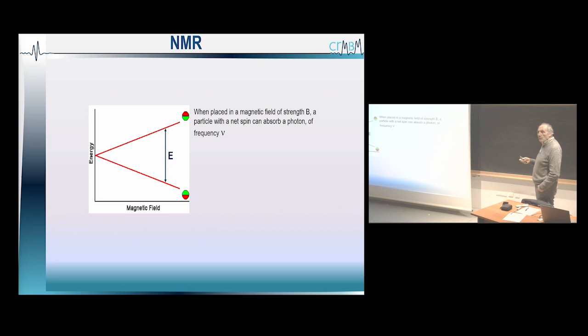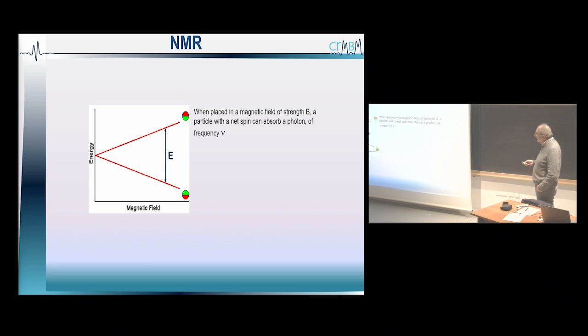What we are looking for is to get the two populations equal in intensity. You remember that we've got some more nuclei in this state, so we need to take this small amount and put it in here, but for that we need to provide this energy.